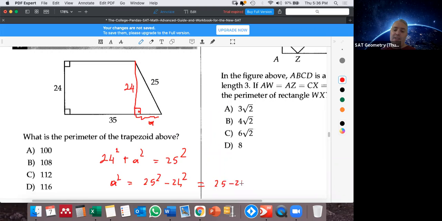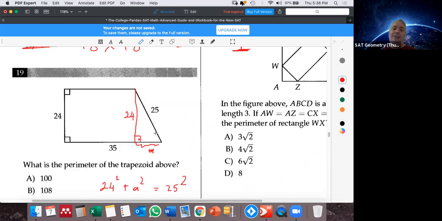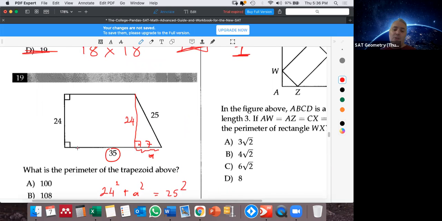This is the identity, so I can use this, or you can directly calculate. So it will be 1 times 49, so 49. So a is 7. When you calculate, a is 7, so total it was 35. 35 minus 7 will be 28. So this is now 28.